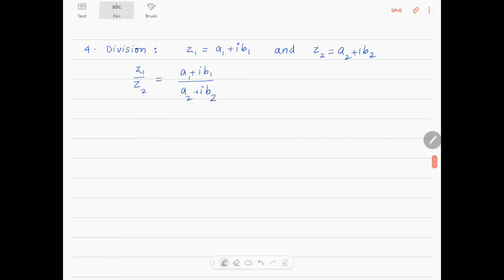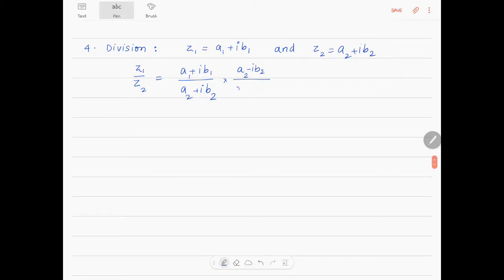Here there is a trick, a method. First of all, we look at the denominator and change the sign of the imaginary part. So if we have a2 plus i b2, we take another complex number a2 minus i b2, and we multiply and divide by it in the numerator and denominator.